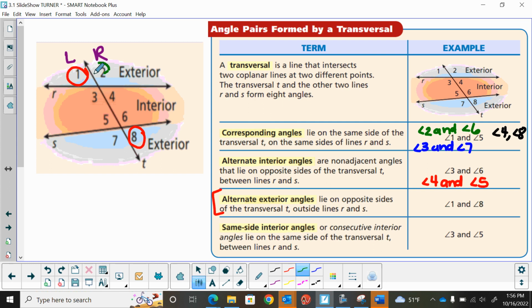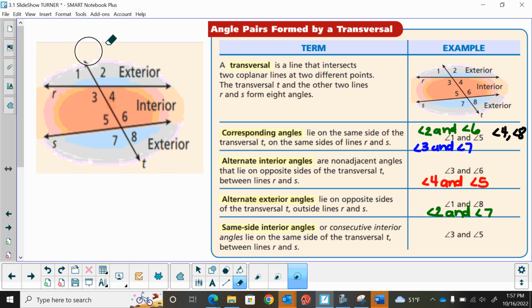And then 2 and 7 would be the other pair. You've got angle 2 on the right, angle 7 on the left. So we can add angle 2 and angle 7 to our example. Those are alternate exterior angles.